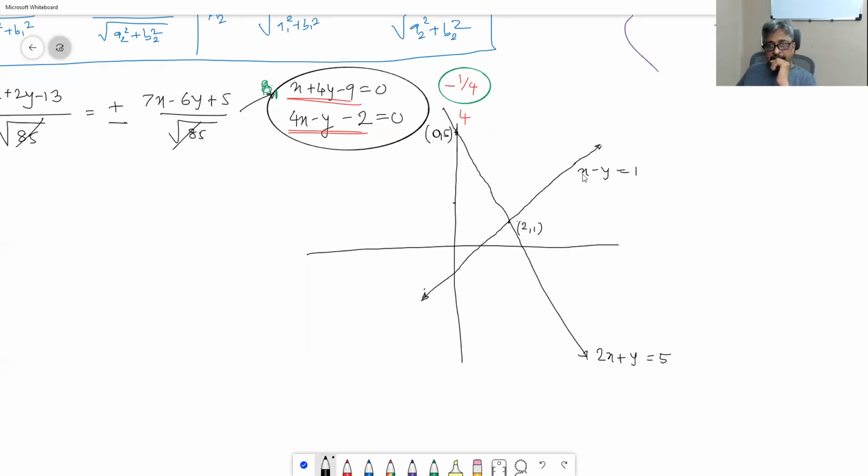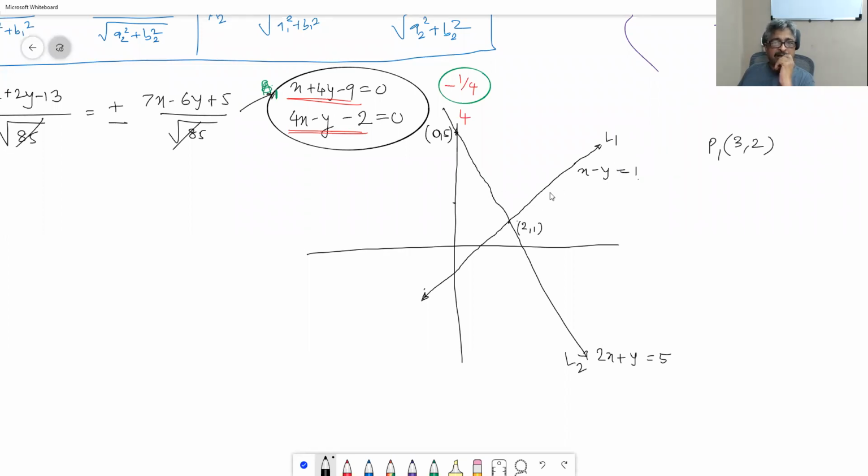Suppose I take the point (3, 2) as P1. This is L1, and this is L2. Where is (3, 2)? It is on L1, because if I substitute (3, 2), I get 1.